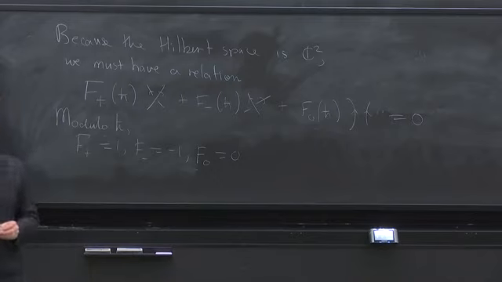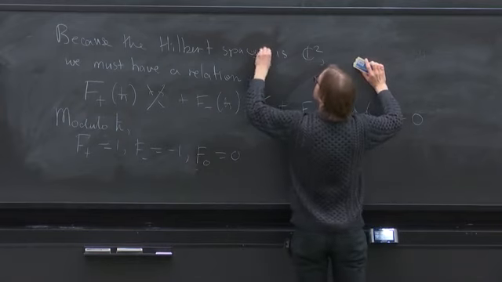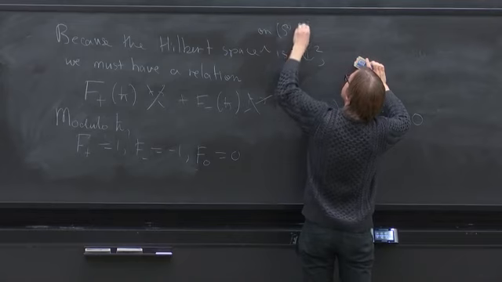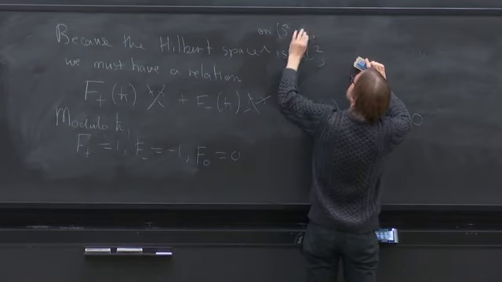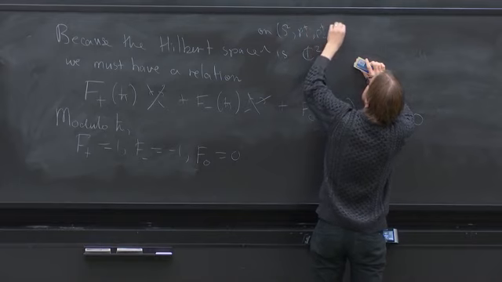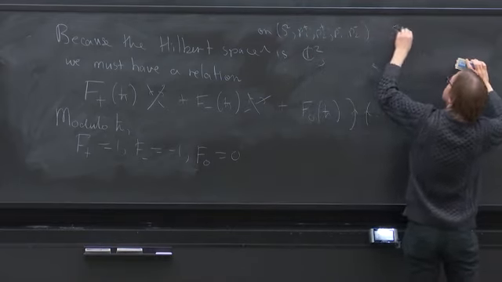You mean Hilbert space is C2, we are in SU(2)? No, this is true for SU(N): the Hilbert space on S2 with two fundamental and two anti-fundamental Wilson lines.